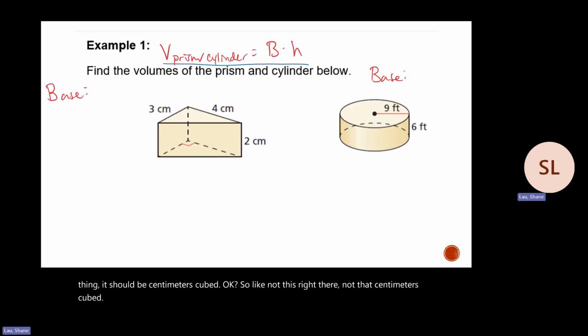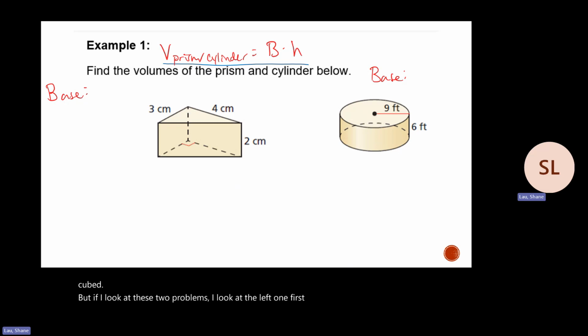If I look at these two problems, I'll look at the left one first, and I can very clearly see a triangle right here, and another triangle right there. So our base is a triangle.